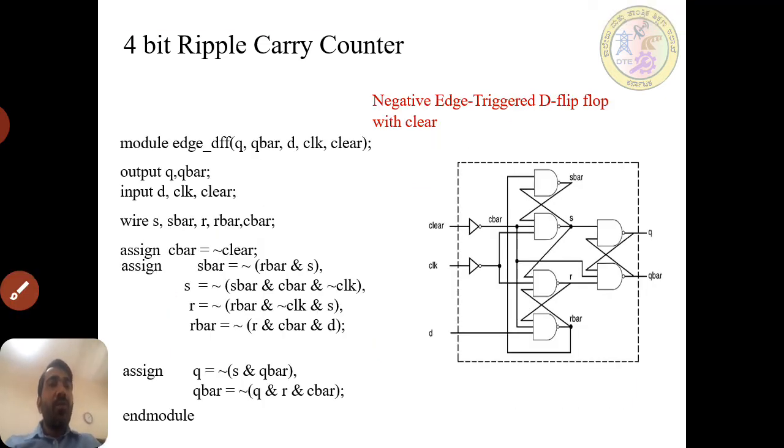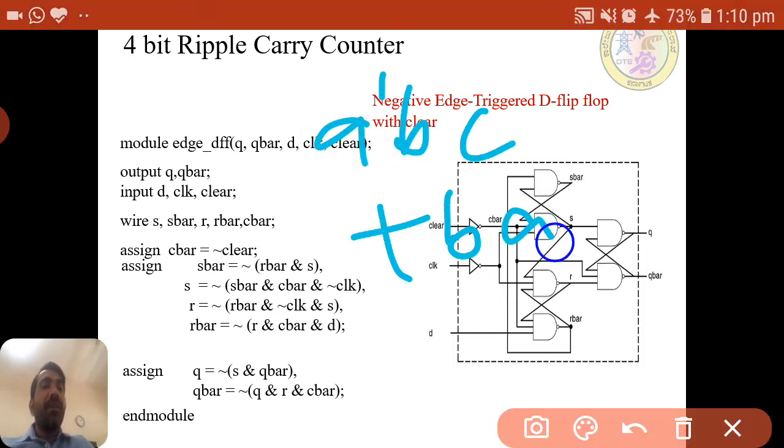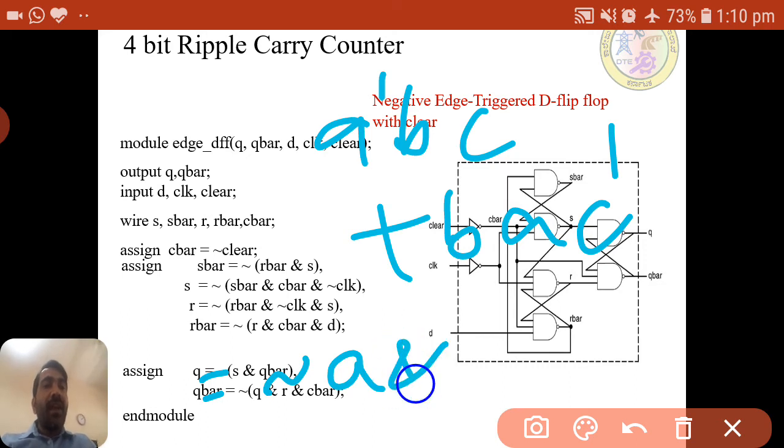So now how to write the code for this? As we know, we have the circuit. Usually in data flow modeling we write the Boolean equation, and that is fine. For example, if the expression is a bar b c plus b a c bar, in data flow you can write: a bar is not of a, and b and c.